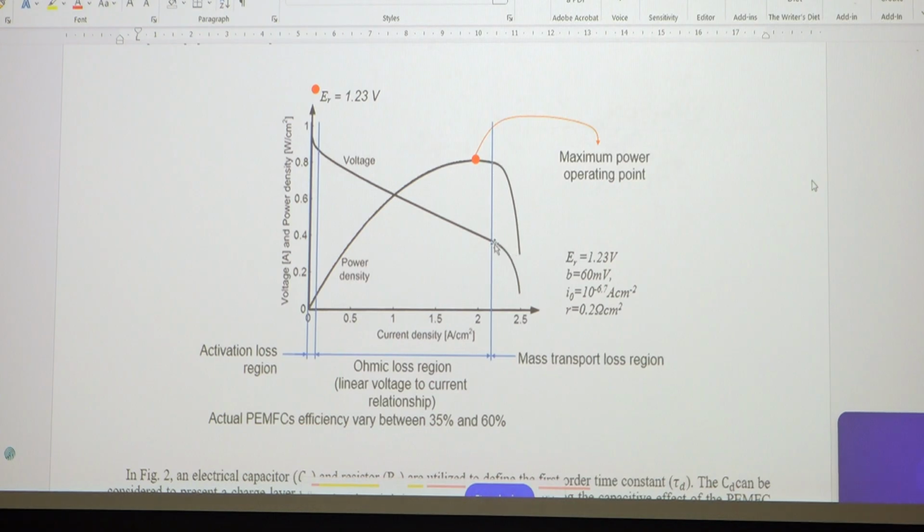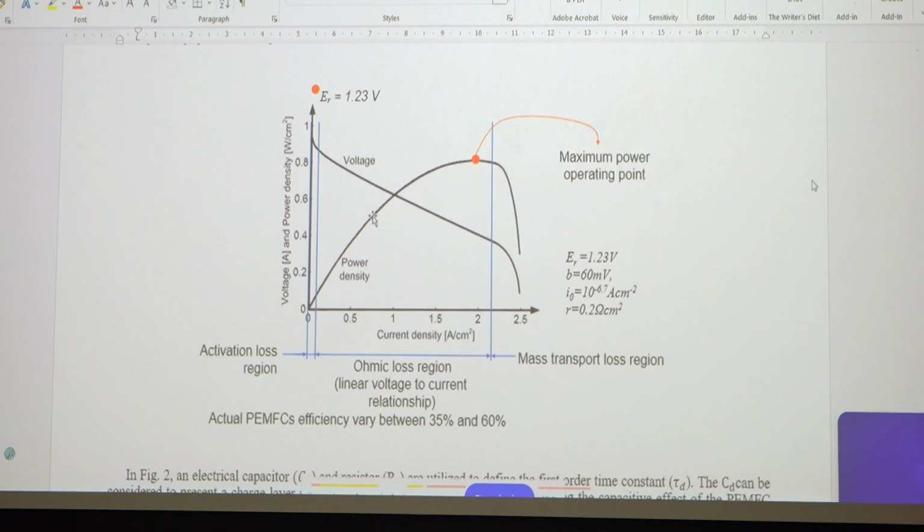From this mathematical nature we can see this curve is the VI characteristics curve. And another curve, if we draw here, is based on current versus power. This is called the PI characteristics curve. It looks like that.